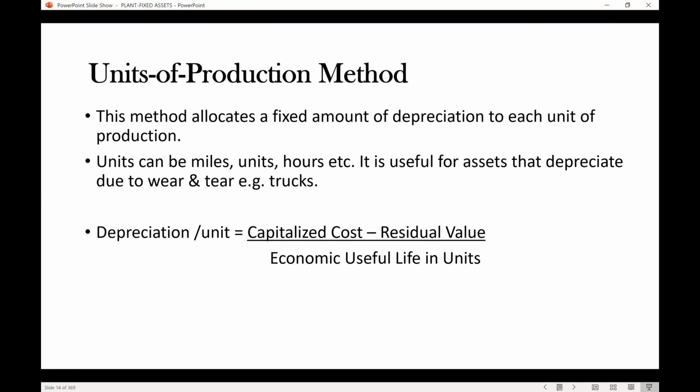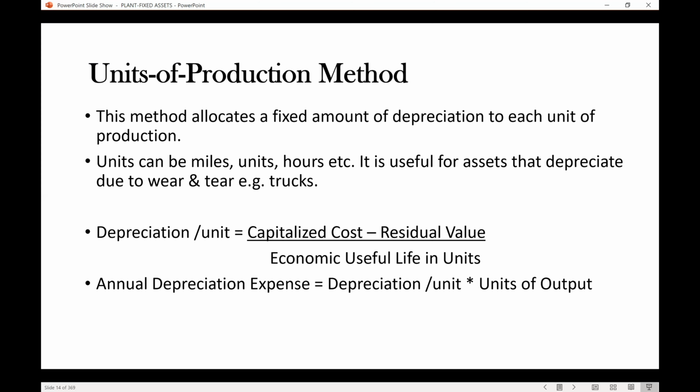First we find that per unit figure, then we multiply it by the units of output per year.